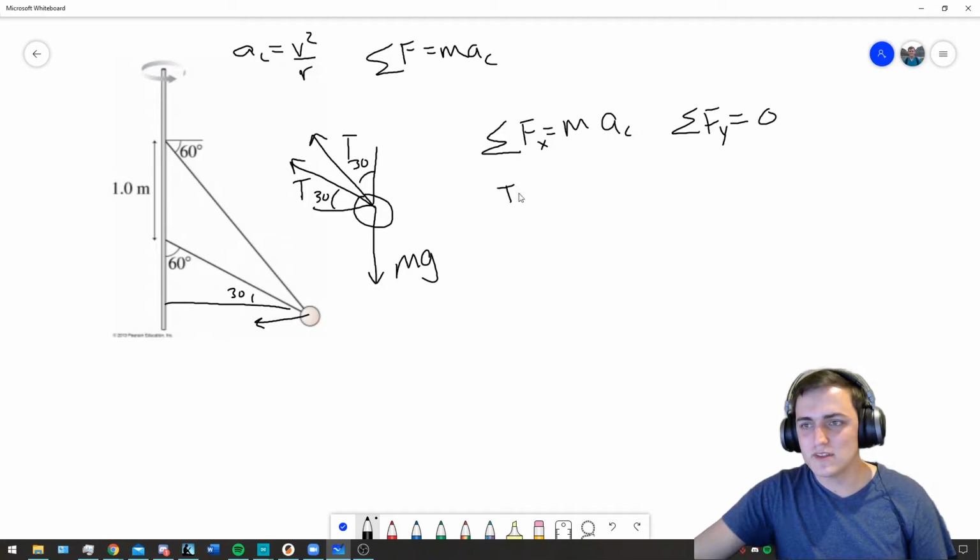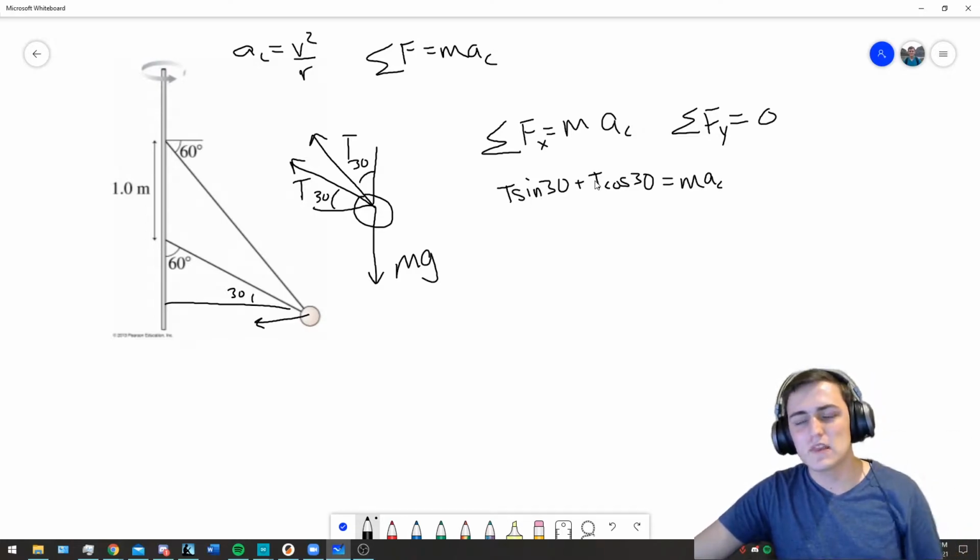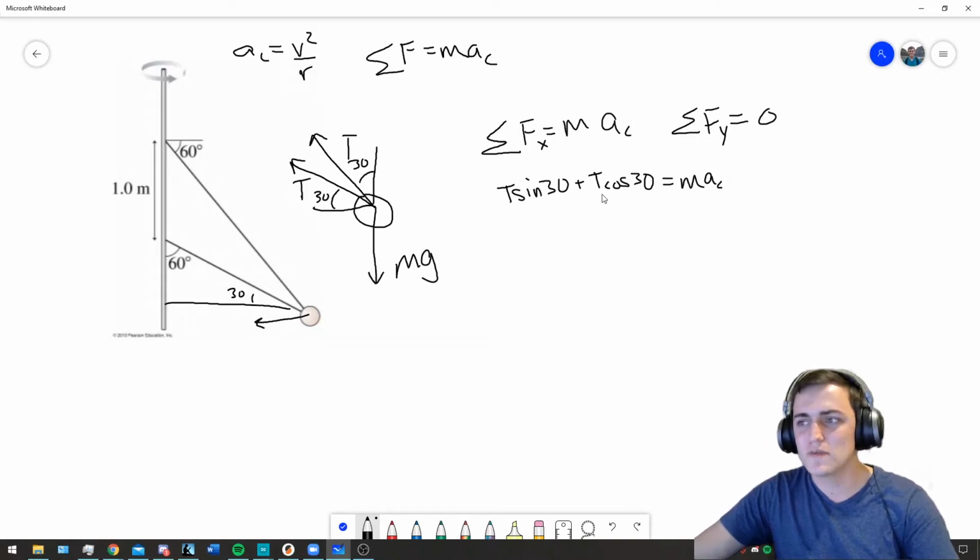We have T times sine of 30, that's for this force, sine gives us that x component, plus, for our bottom tension, we want cosine 30, plus T cosine 30. Now this is where it can get a little confusing because we don't normally have two T's. It should normally be like T1 and T2. It can be a little mentally confusing and you might get tripped up by that. But just remember, we need to have two components in that negative x direction.